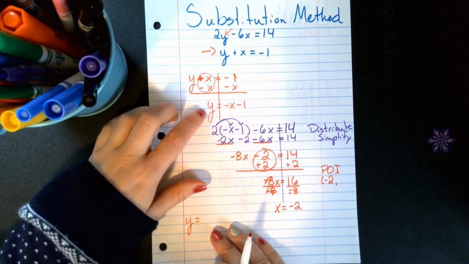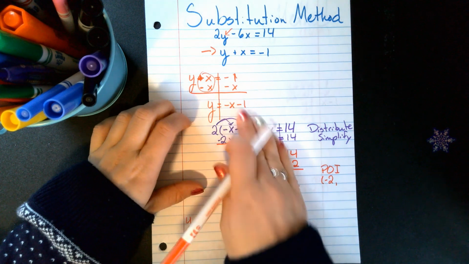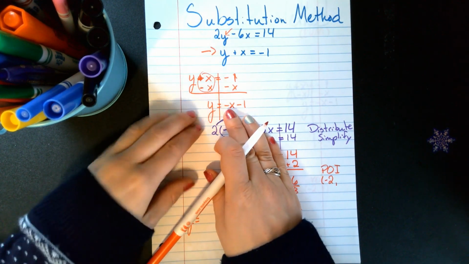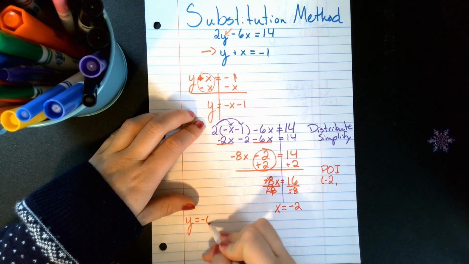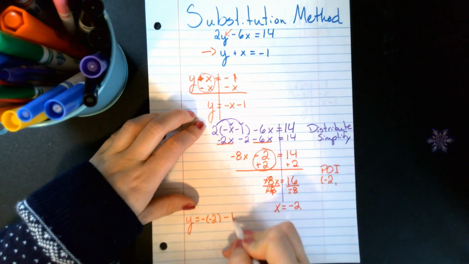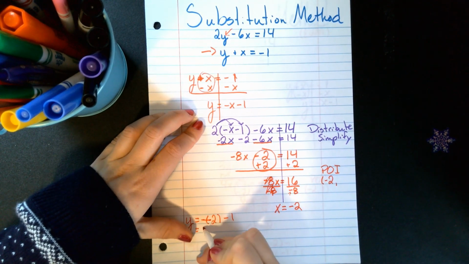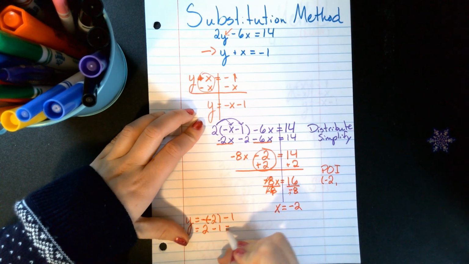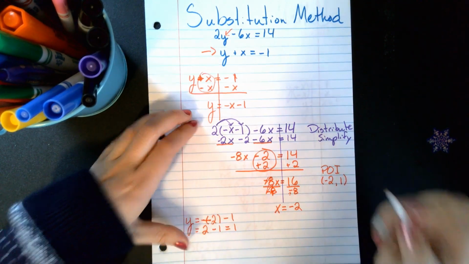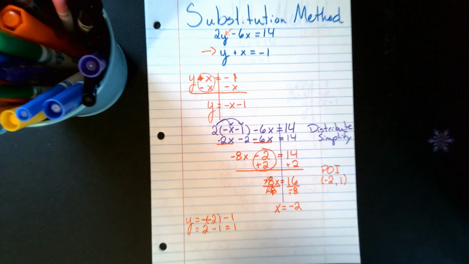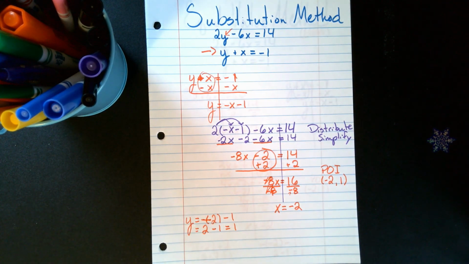So I'd recommend plugging it into the one you've already transformed into mx plus b. Negative times a negative makes a positive. 2 minus 1 equals 1. Boom. Done.